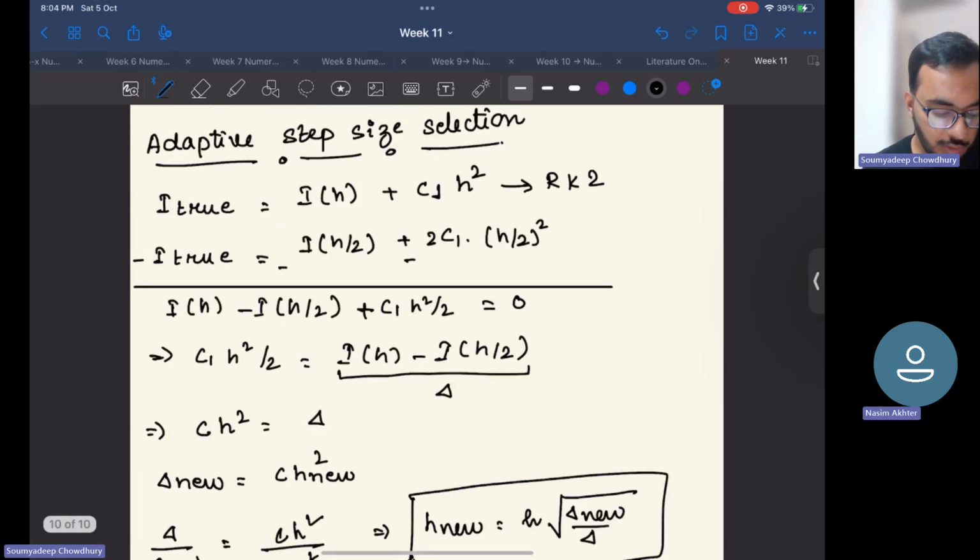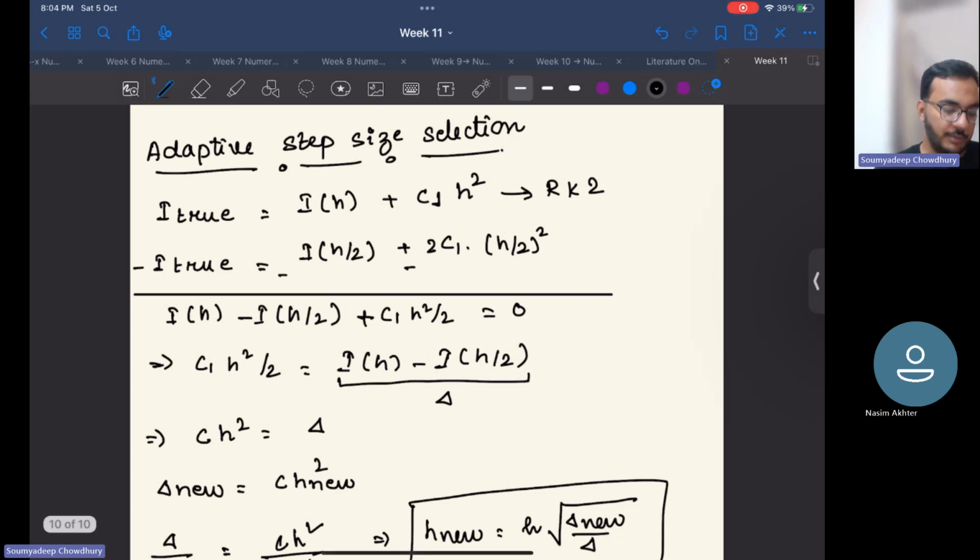Yeah, sure. So here what we are doing is basically we want to find the value of the step size, or the optimum value of the step size, for which we get our desired error and our solution is stable also. Like I showed you, if we take a step size randomly, then we might not get a stable solution.